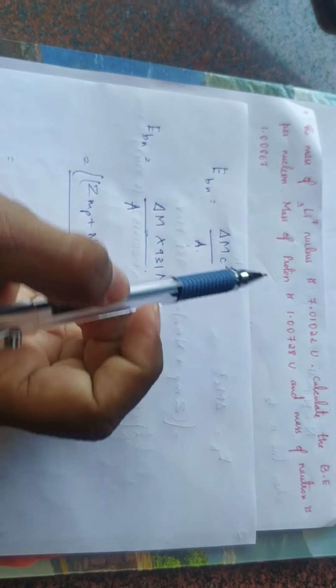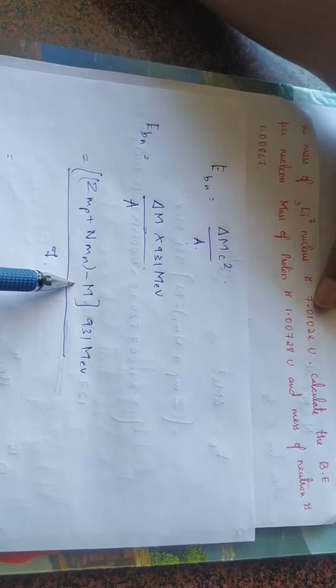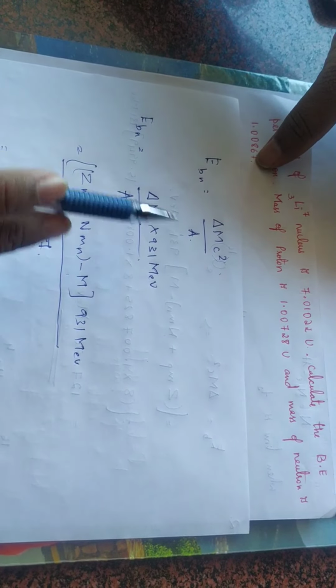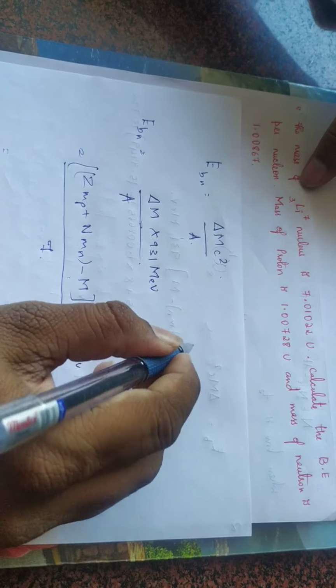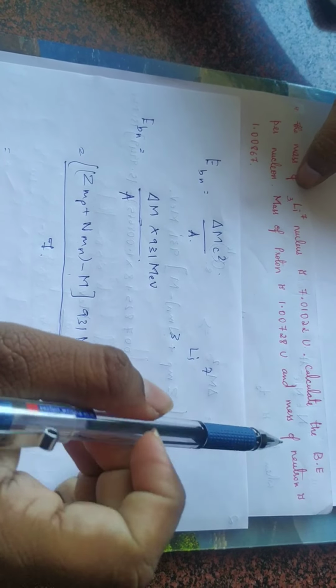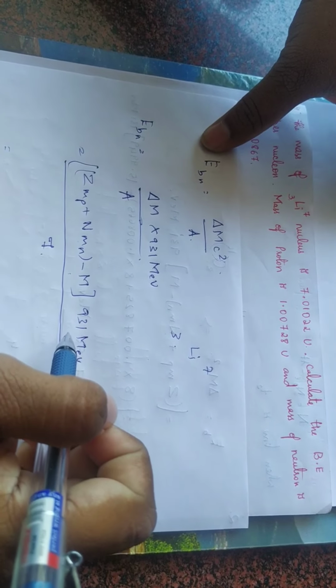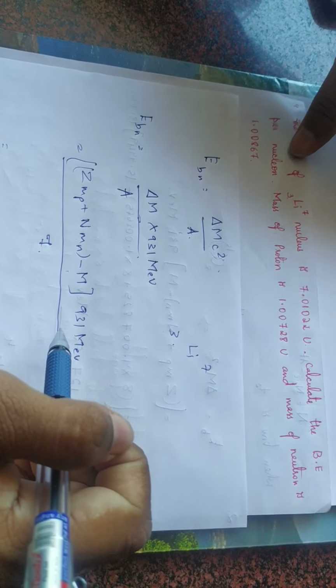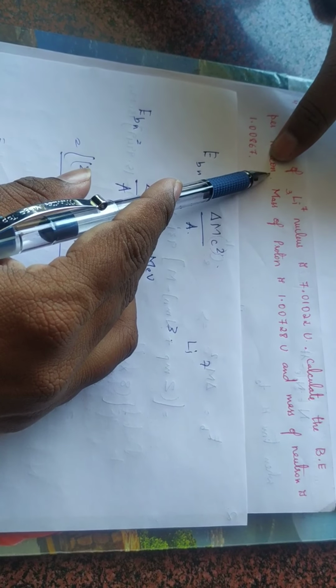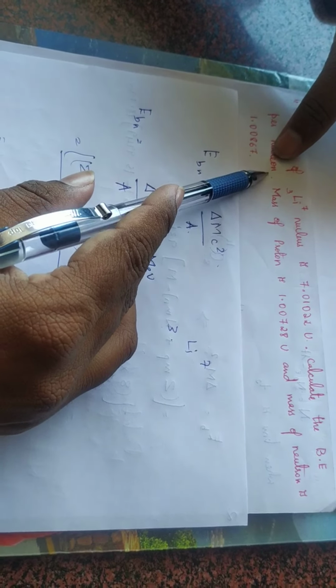You have m given here, and m_p, m_n given here. Z and N you can find out with the atomic number and mass number. So you can find the specific binding energy, or the binding energy per nucleon. Students, be sure: calculating the binding energy per nucleon is nothing but calculating the specific binding energy.